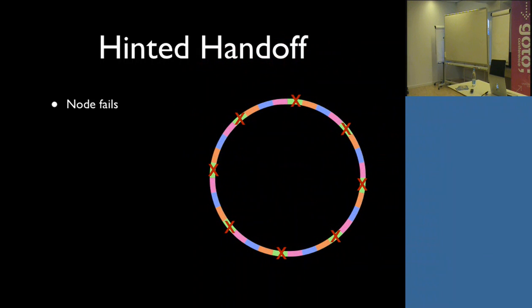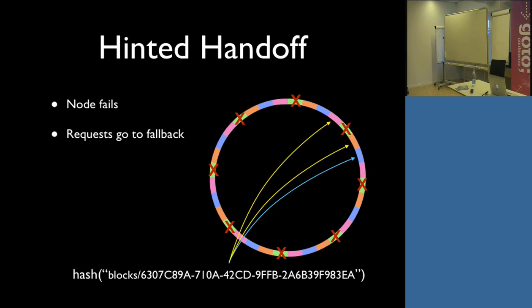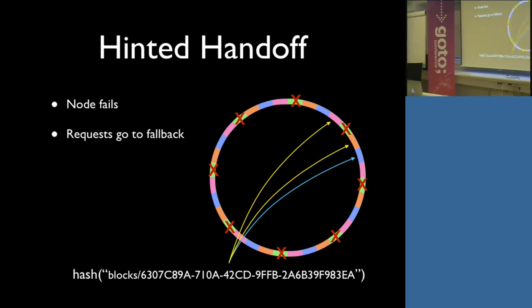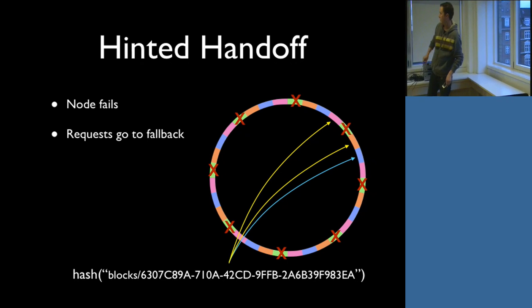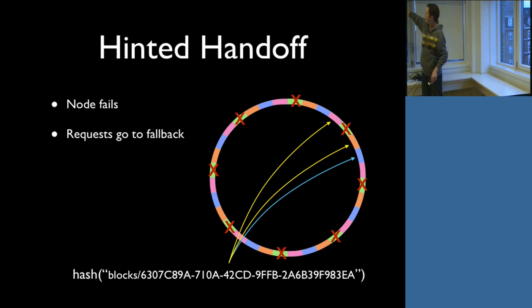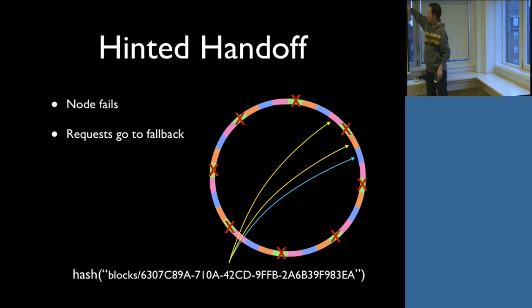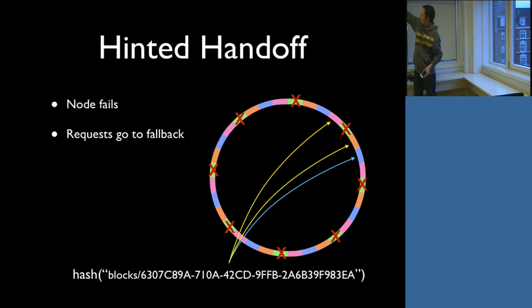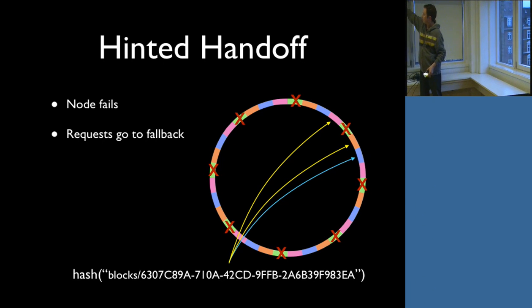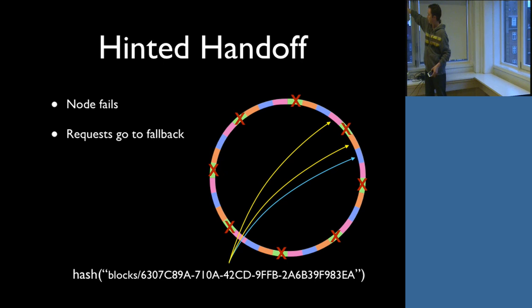So say a node fails. Say the green node blows up, right? And then you want to hash this key, blocks / this big UUID. Well, when you hash that, the value lands here. And again, we replicate 3 times, so the normal places this data would live would be on this one, and this one.